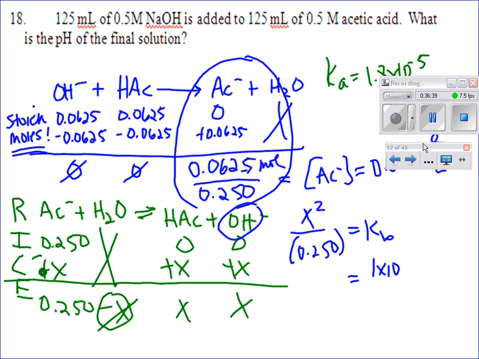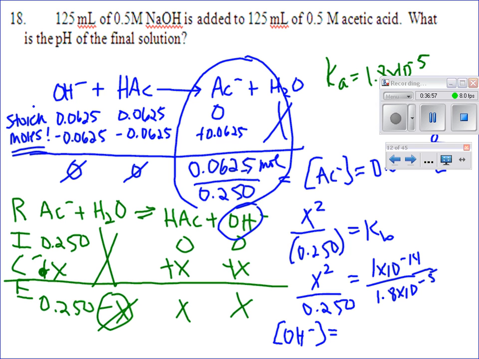So to get KB, we get 1 times 10 to the negative 14th divided by 1.8 times 10 to the negative 5th. So just keep solving and solve for x, and someone tell me what x is, which is equal to the OH concentration. So 1.17 times 10 to the negative 5th. So that's my OH. So can someone tell me my pOH?